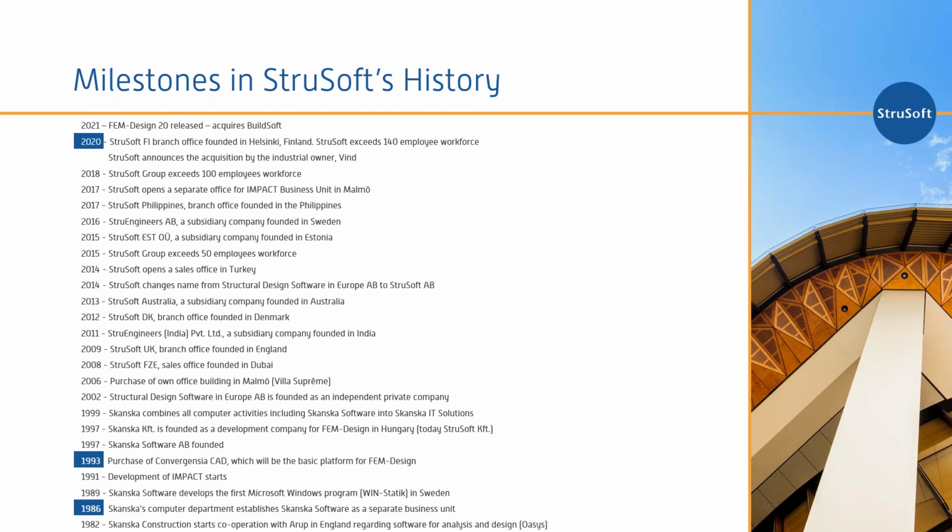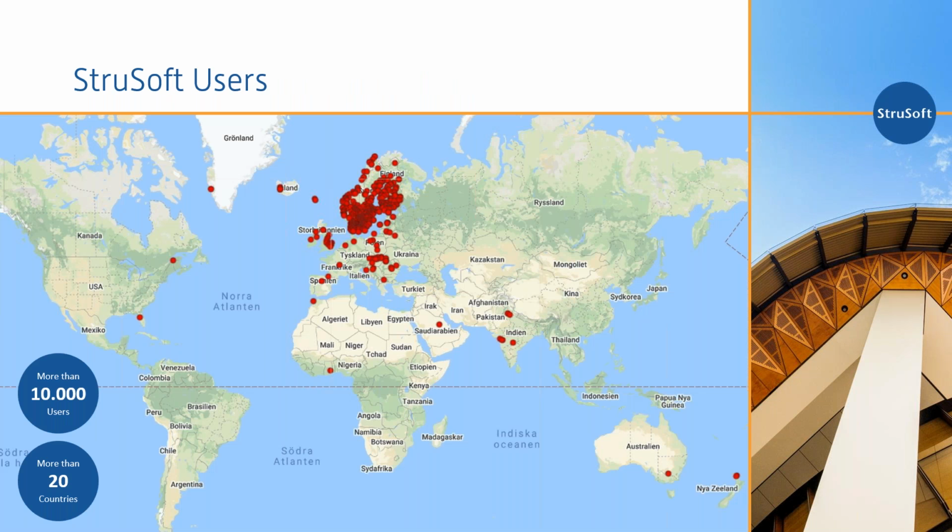If we have a look at Strusoft's history in a timeline, we can see that it spans across a period of almost 40 years, starting from 1982, when it was part of Skanska Construction, and up to present day, when FEM-Design 20, the latest version of FEM-Design, has been released, and the acquisition of BuildSoft company in the Netherlands.